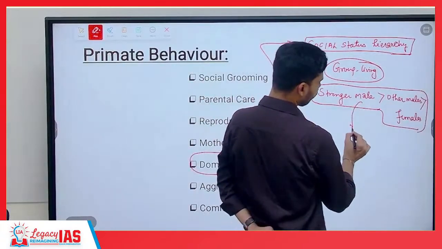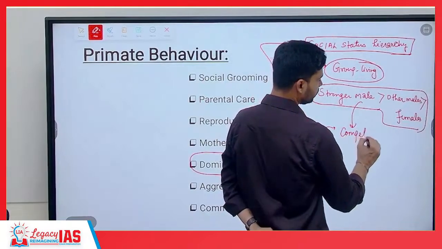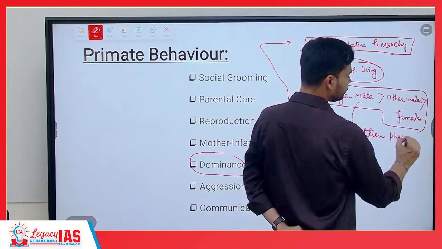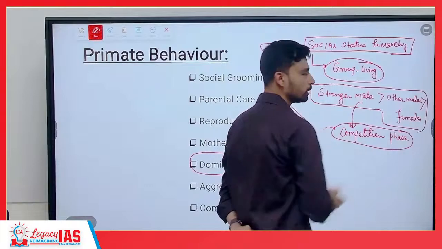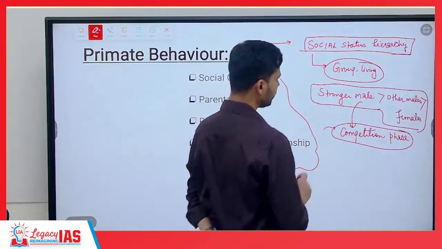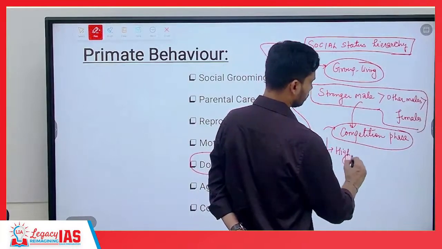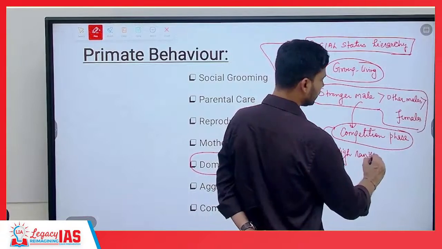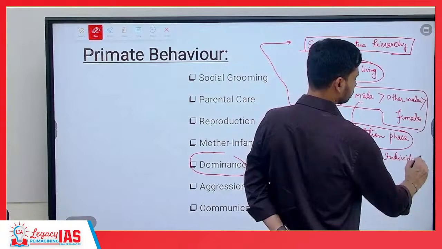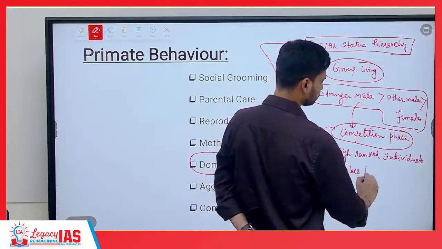This kind of hierarchy also plays importance during the competition phase, if it occurs due to the changing environment or scarcity of food, lack of resources. So based on this hierarchy, during the competition phase, the high ranked individuals displace the lower ranked ones.